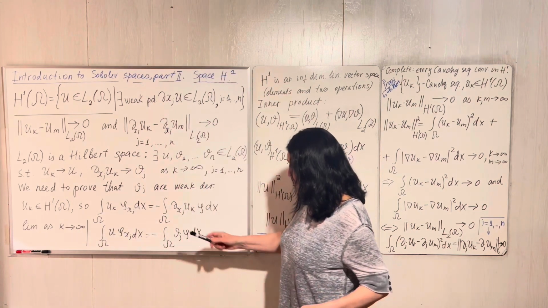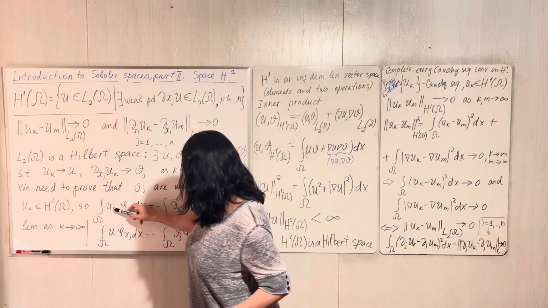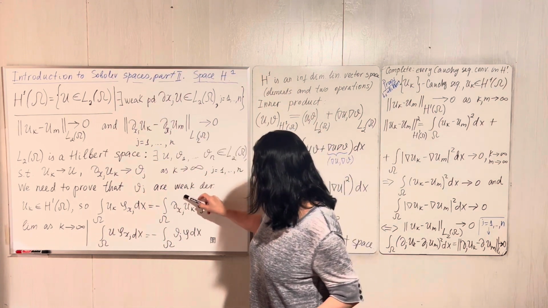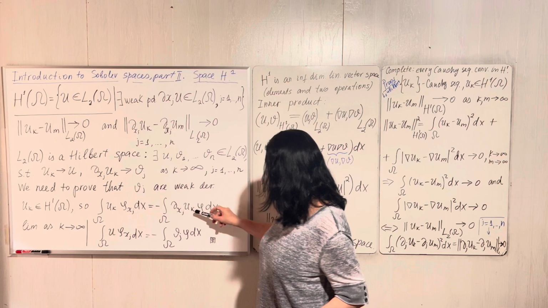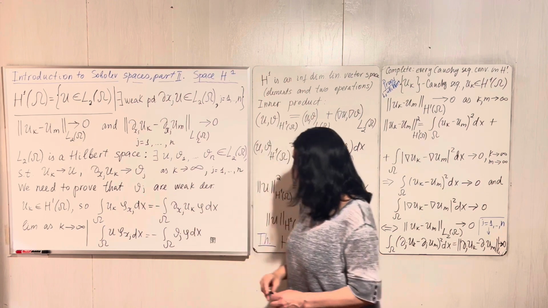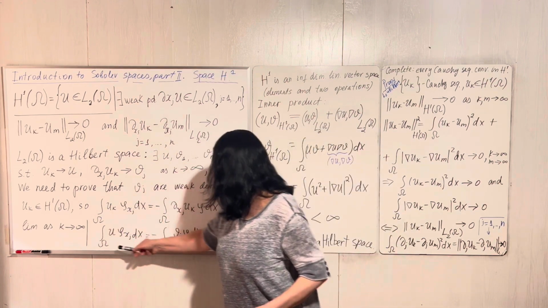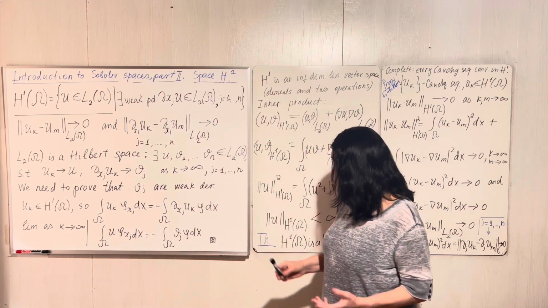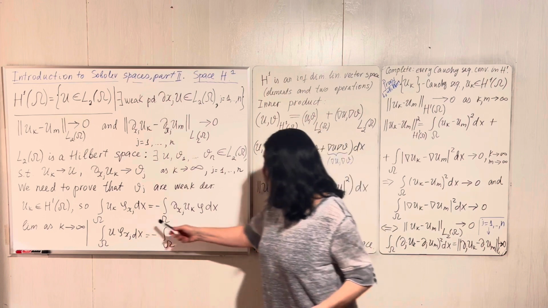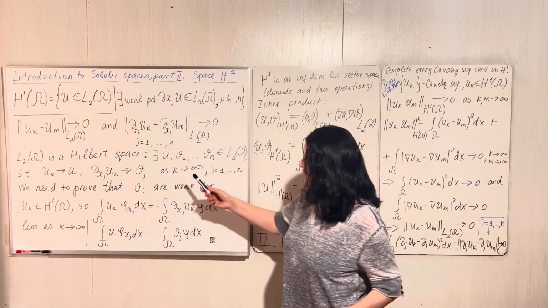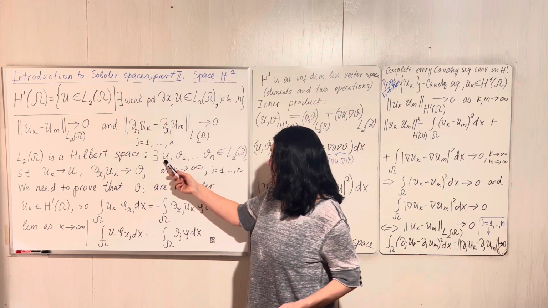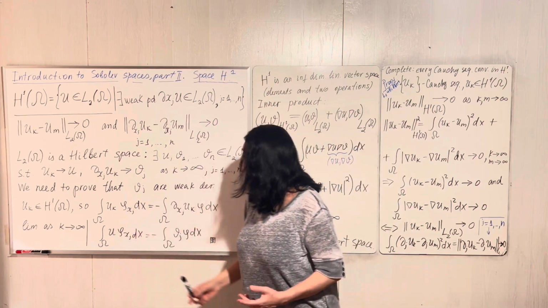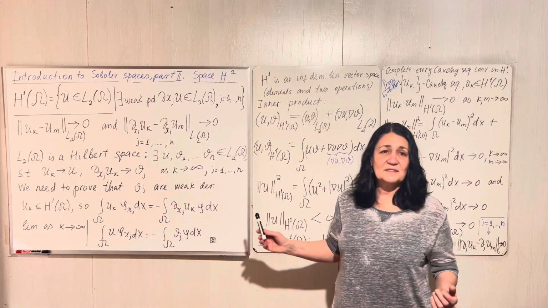As k approaches infinity, uk goes to u, and dxj uk goes to vj. So we have this formula that shows us there is indeed a relation between the function u and vj, and the vj's are weak derivatives. That finishes the proof.